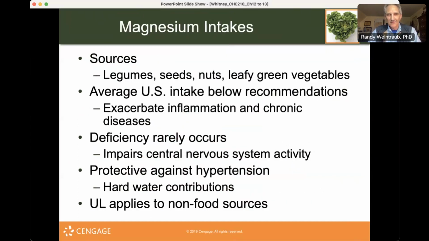Good sources: legumes, seeds, nuts, leafy vegetables. And so the recommendations of intake might be affected by other conditions, other chronic diseases and inflammation. Deficiencies rare. It's thought to be protective against hypertension.